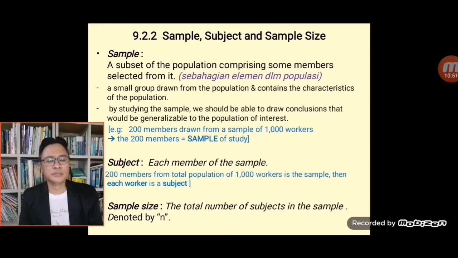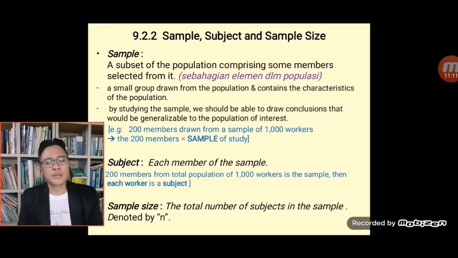Okay, sample. Dia kena ada, tengok ada banyak sample sebab we are dealing with human being. So that's why the selection of that particular sample, the methodology, the selection technique should be accurate, should be correct. Ya, tengok.